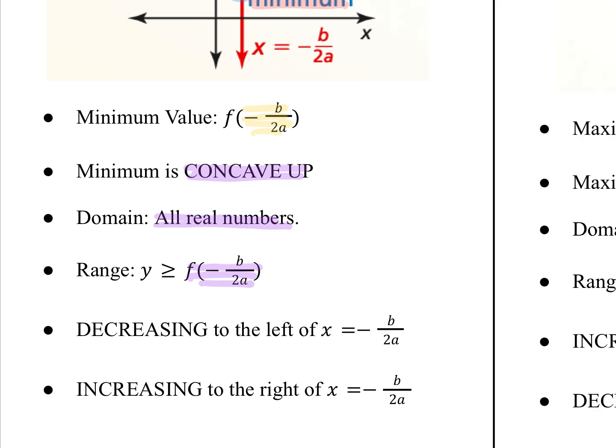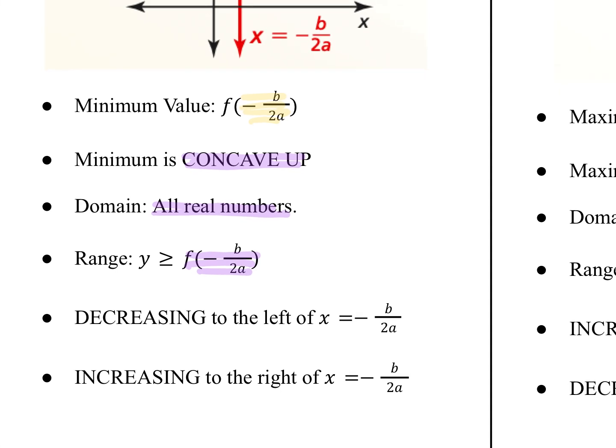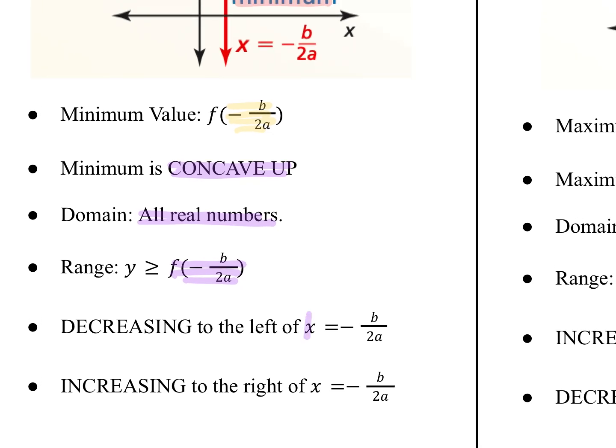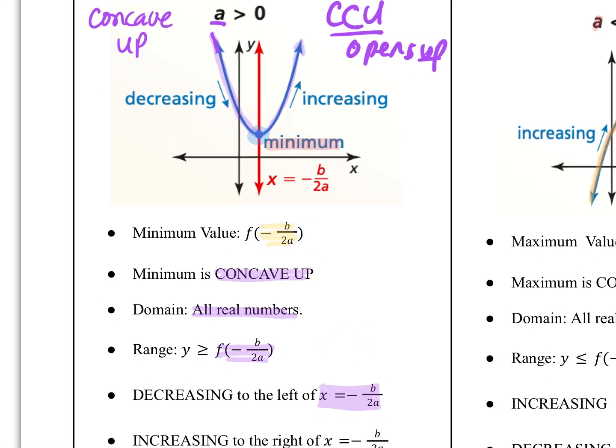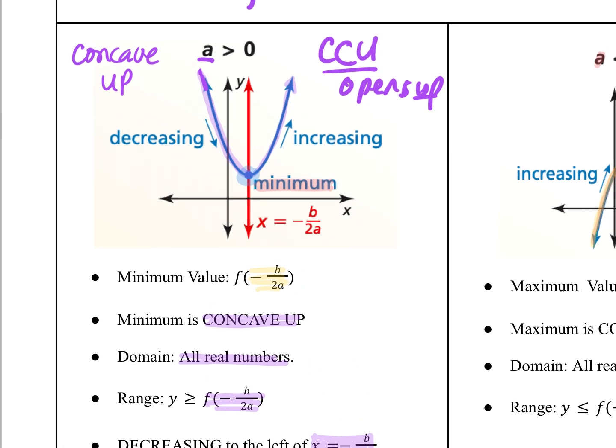It's going to be decreasing to the left of x equal to negative b over 2a. Now, don't get confused, because what I'm saying here is just going to be the x coordinate of your vertex. Just like this one, it's actually decreasing on this side of the vertex, and that vertex represents x equal to negative b over 2a.